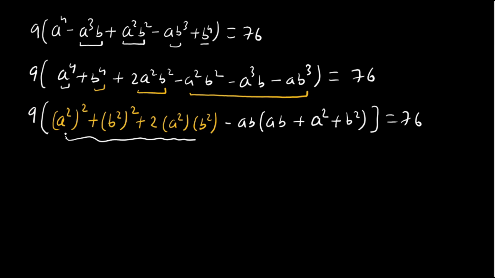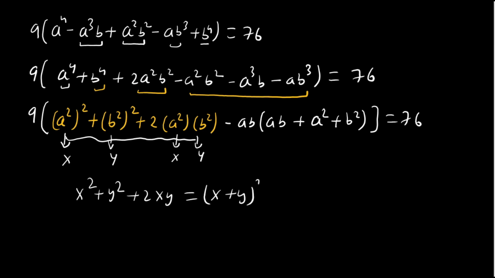Here if this a square is x and this b square is y, then x square plus y square plus 2xy is equal to x plus y whole square.